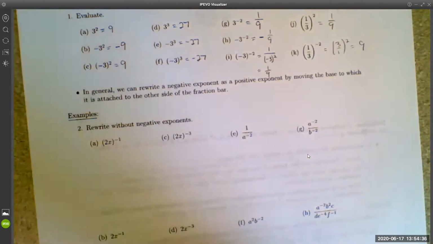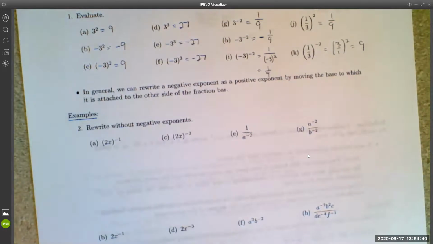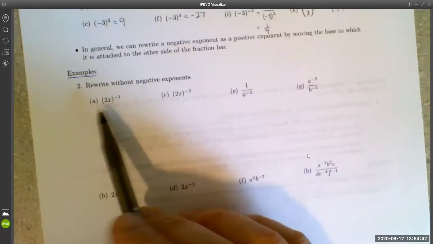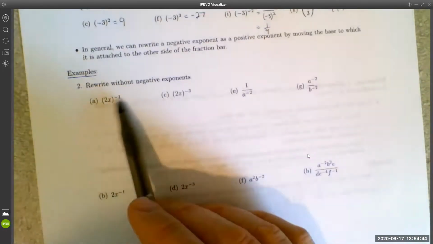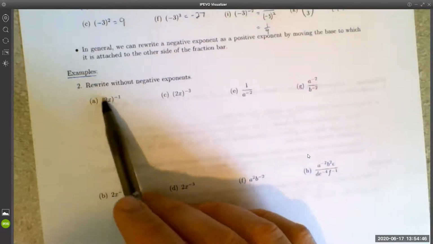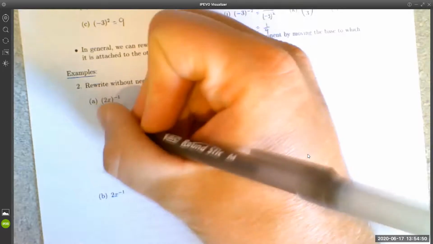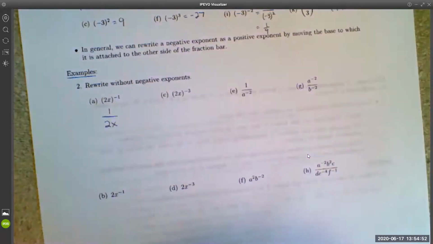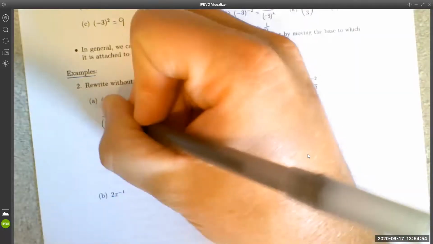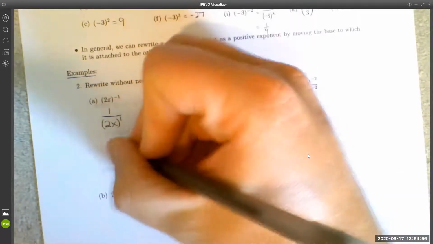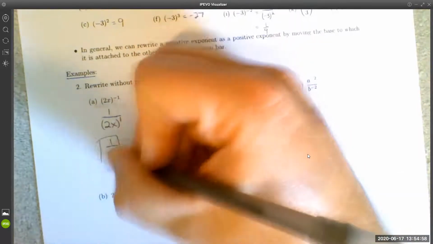Now again, just be careful with the parentheses. Be careful that you're not moving things that don't need to be moved. So in part A, for example, (2x) to the -1, this entire thing needs to move to the denominator, right? So this needs to be 1 over 2x. If you like, you can call it 1 over (2x) to the +1, right? But that's just 1 over 2x, right?